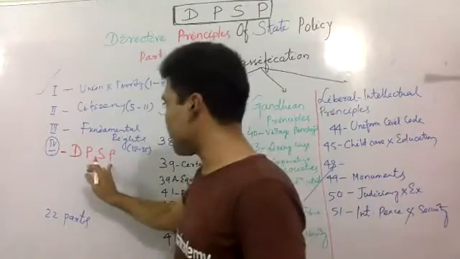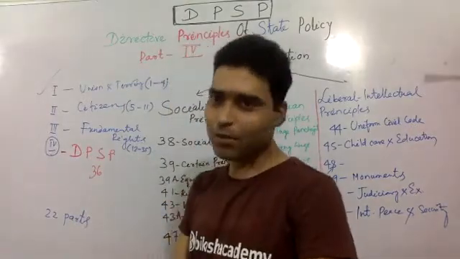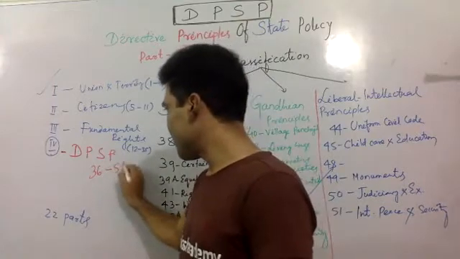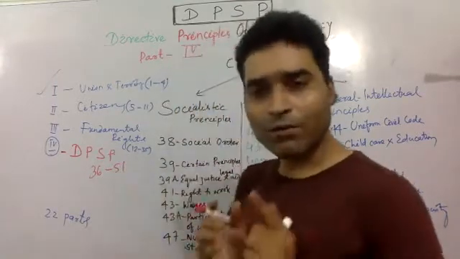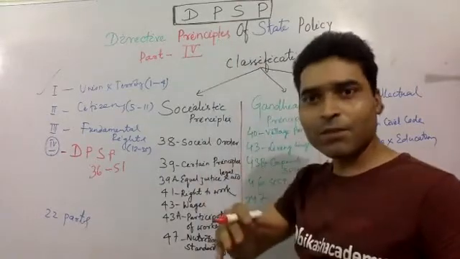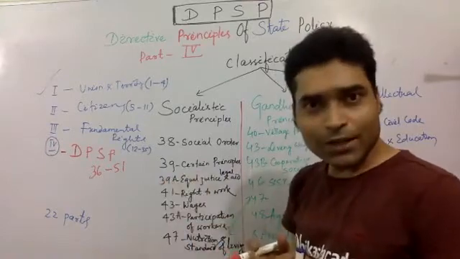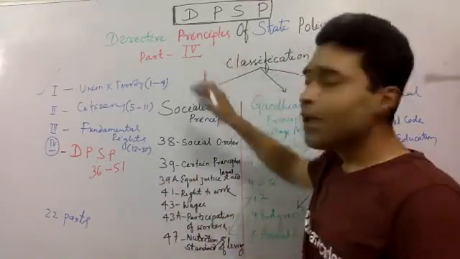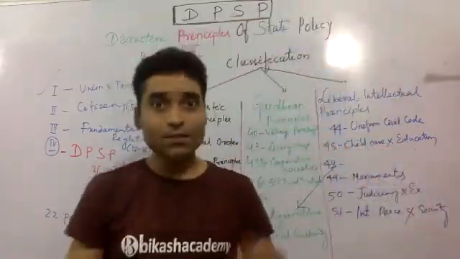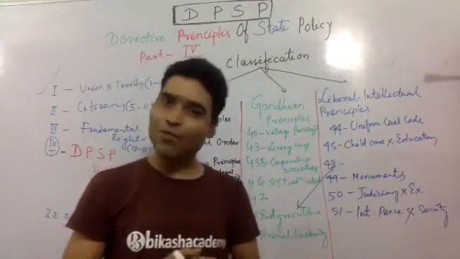And this DPSP starts from Article 36 till 51. Right? So in this lesson, we'll be focusing only on DPSP: the background of DPSP, the important things related to DPSP, and how questions are asked from this chapter. We are going to discuss this in the coming few minutes.